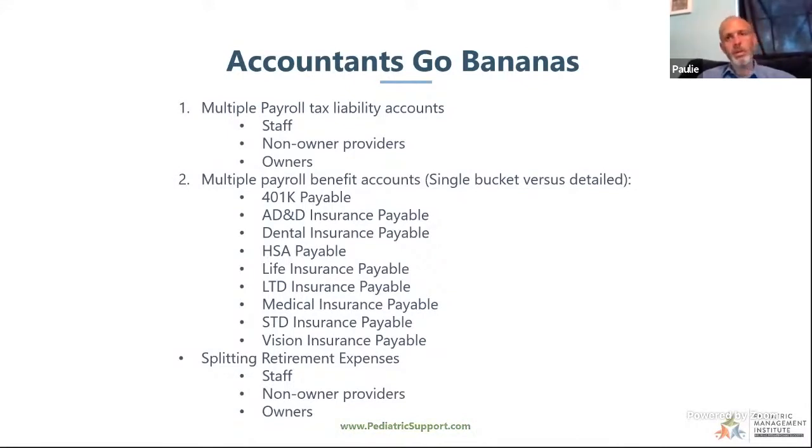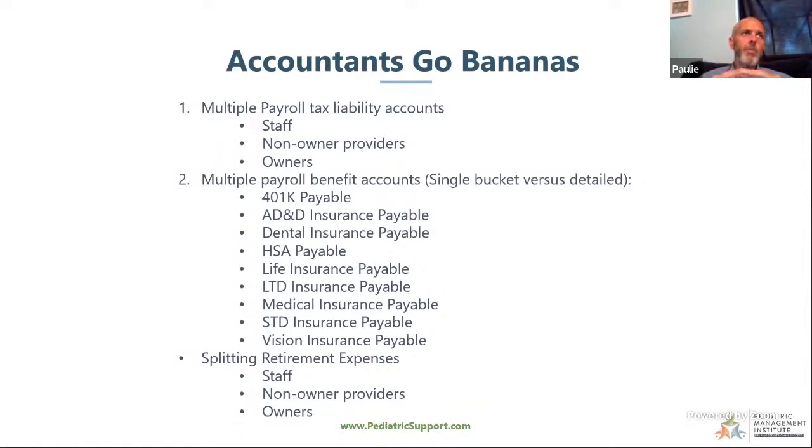Accountants generally, when I have a personality that probably annoys some people, but where they really go bananas is me trying to look at my payroll tax cost. If you're a decent sized practice, you could be looking at easily a couple $100,000 in payroll tax liability.